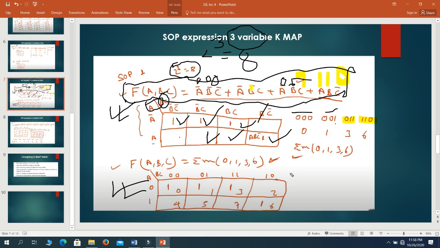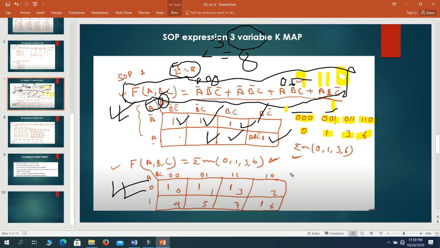Once we have figured this out in binary, 000, 001, 011, 110, and we represent these in decimal, they go like 0, 1, 3, and 110 can be represented as 6.